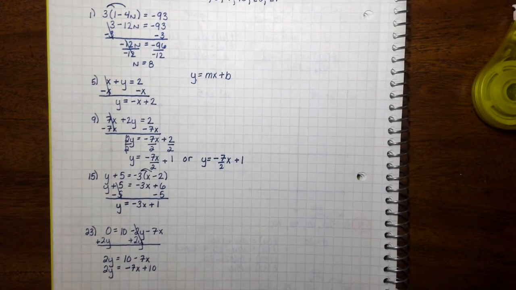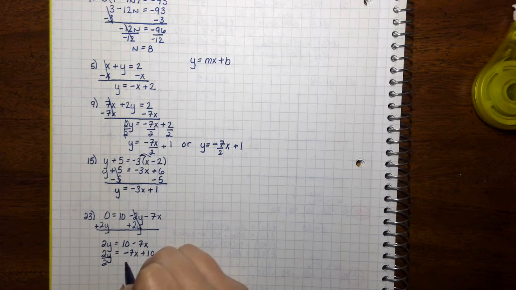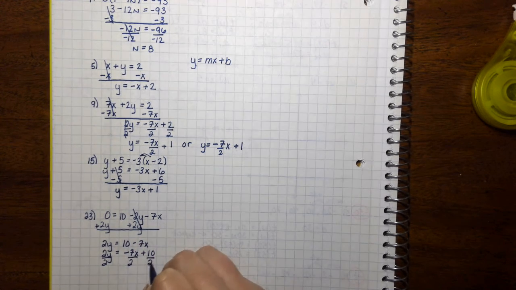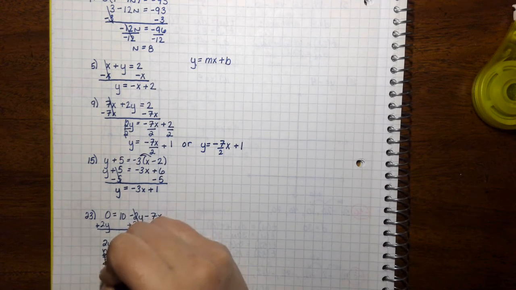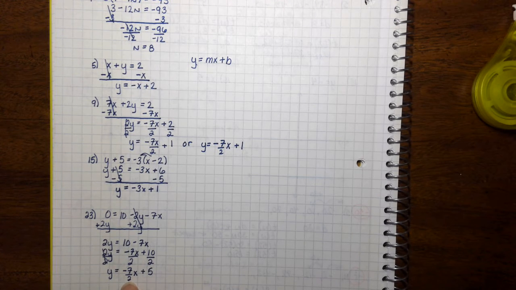Okay, now I don't have y, I have 2y, so I need to divide everything by 2. Y equals negative 7 over 2x plus 5. Done. So there's my slope, negative 7 over 2, so I go down 7, right 2 boxes, and then there's my starting point of 5.